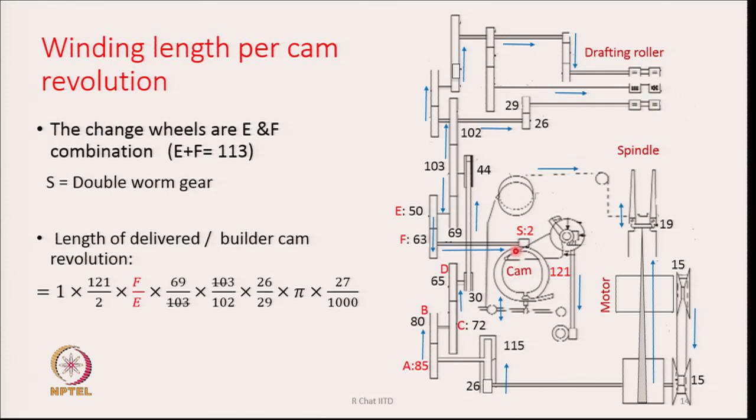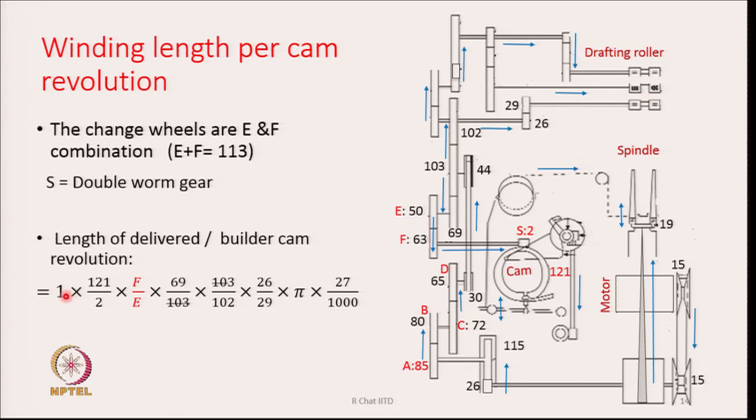So, all those gears which are connecting the cam and the front rollers should come into the picture, and this is what we have done in this calculation. Assuming the cam revolution to be 1, we are trying to find out the number of revolutions and therefore how much is delivered by this front roller.